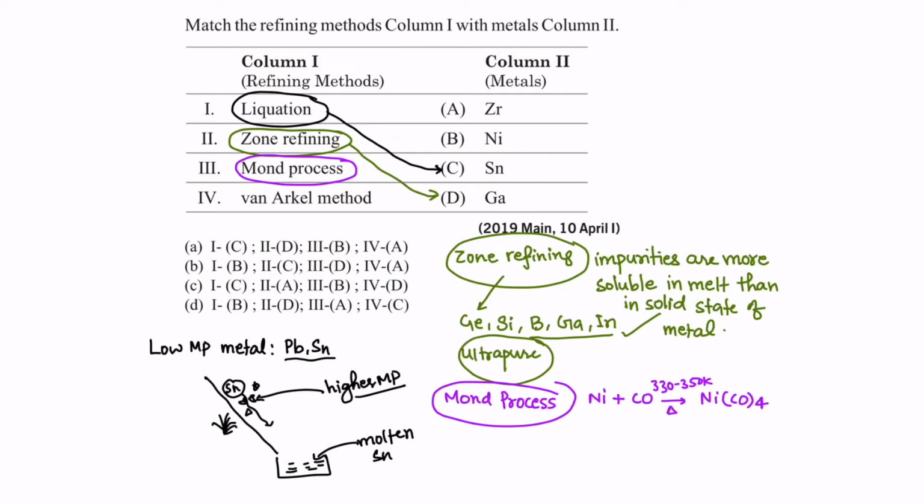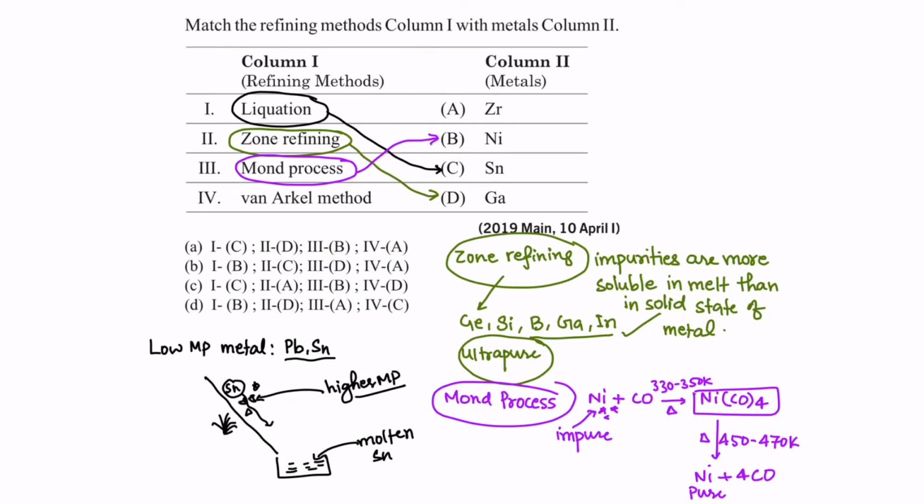Since the complex Ni(CO)4 is formed, the impurities are left behind and are not part of this complex. Now if you subject it to a higher temperature, around 450 to 470 Kelvin, this complex decomposes and gives you pure nickel free from impurity, and carbon monoxide. So that's the Mond process. It will match with option 2, option B.